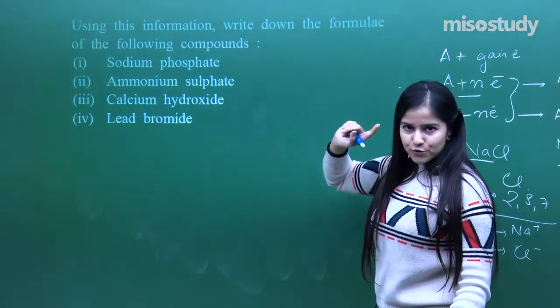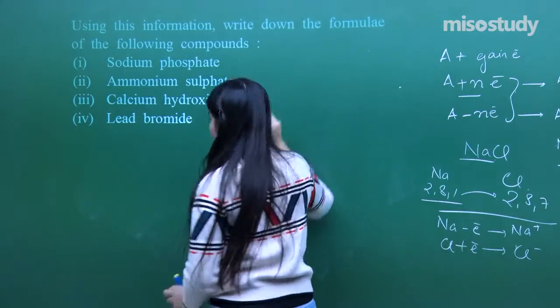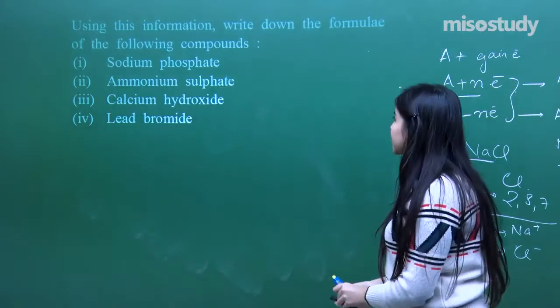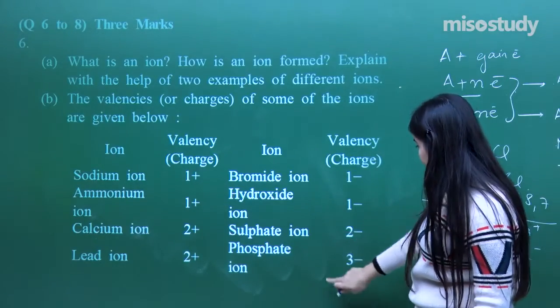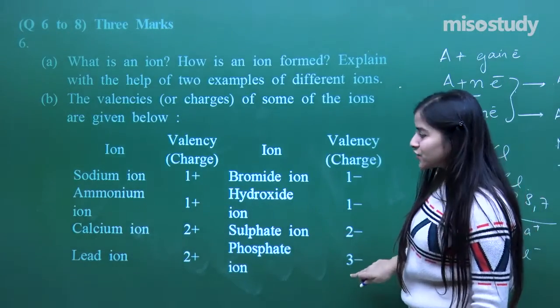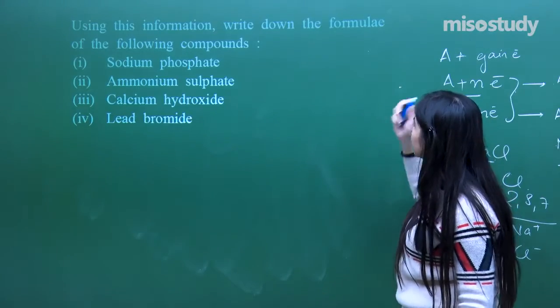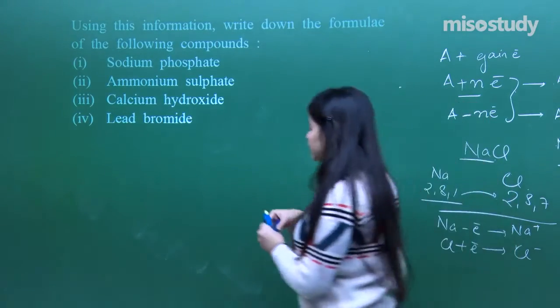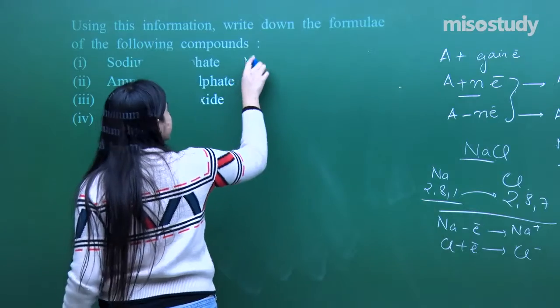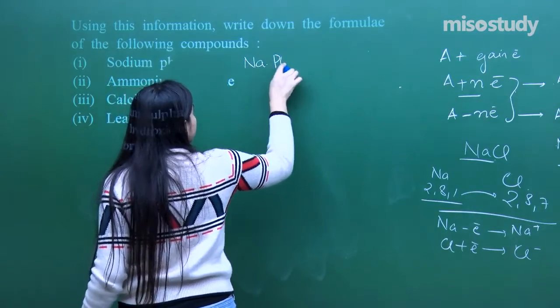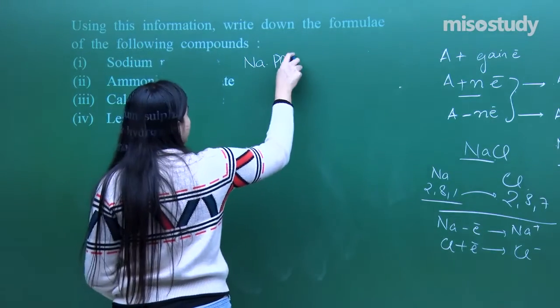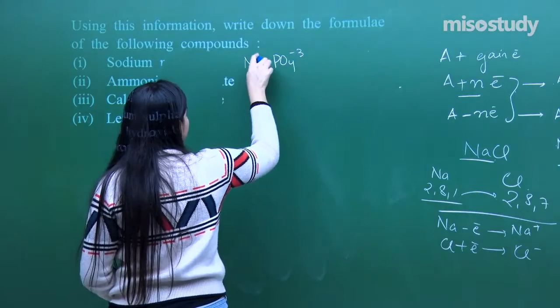Sodium phosphate I need to form. So see here, first of all, let us get an idea of the phosphate ion. 3 negative is the charge. So I need to form the formula. Sodium means Na, phosphate means PO4. We know the charge is -3, we know the charge is +1.